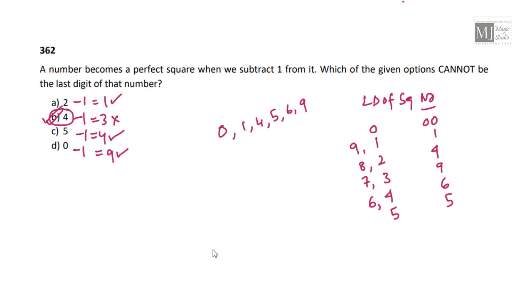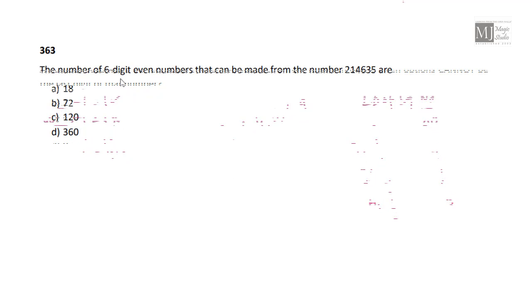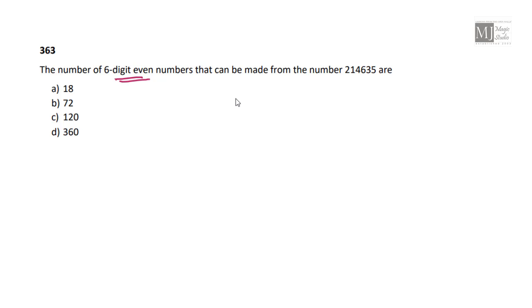Answer B fits in. The number of 6-digit even numbers that can be made up with the digits of the number 2, 1, 4, 6, 3, 5. So we have 6 different digits. And since nothing is mentioned, let us assume that repetition is not allowed, because the options don't seem to suggest that repetition would be allowed.